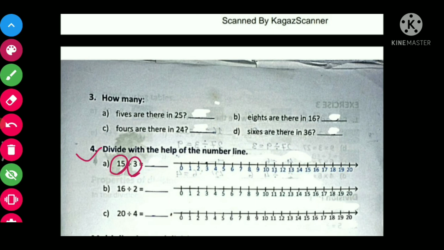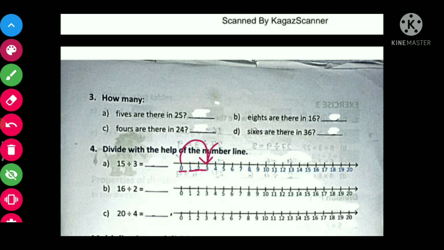That means we need to reach up to 15. So as you can see, 3 is there, so we need to take 3 steps. So this one is 1, 2, 3. So from 0 to 3, this one is 3 steps. Like this only 3 steps we need to take, and we have to reach till 15.